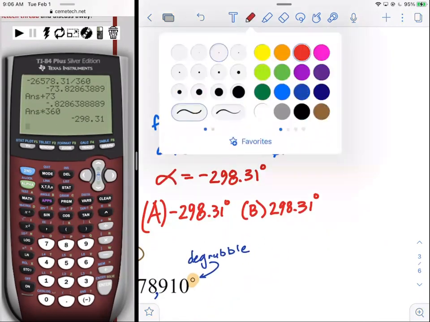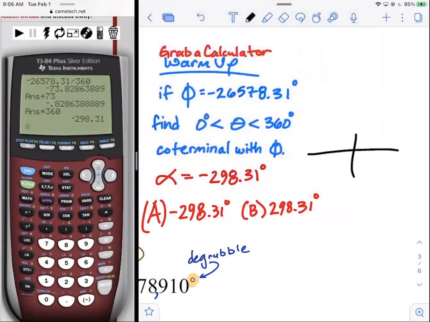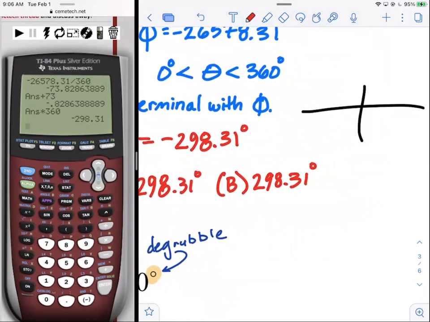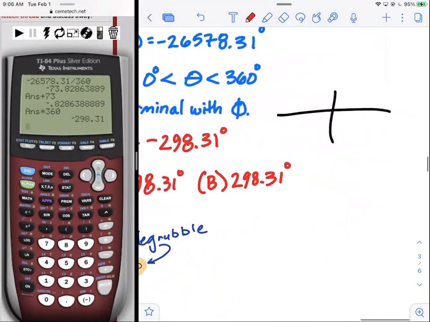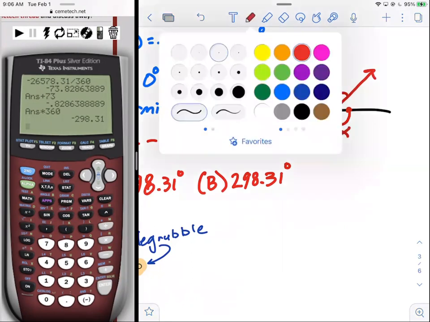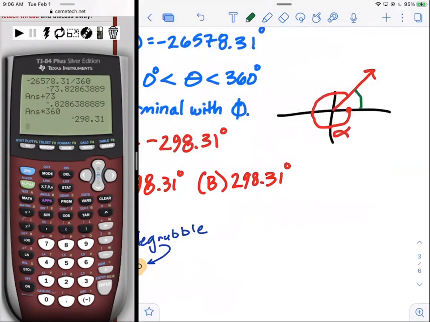Now, before I do it on the calculator, let's just see where this fellow lives, okay? -298.31. That is going to be a clockwise rotation from the positive axis. So there's -90, there's -180, this is -270, and then boom, it lives somewhere in here. That's alpha. What I'm looking for is theta, which is this angle, right?